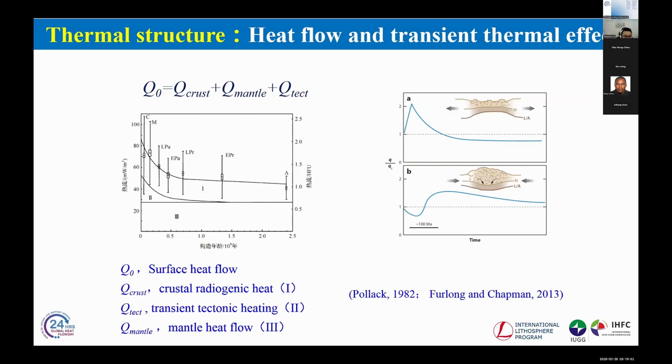Q crust is the radiogenic heat, this one is the mantle heat flow, and the last one is Q tectonics, which is the thermal effect of tectonics. For the variation of heat flow in time, as shown in this plot, we can see that with increasing age, the heat flow begins to decrease.